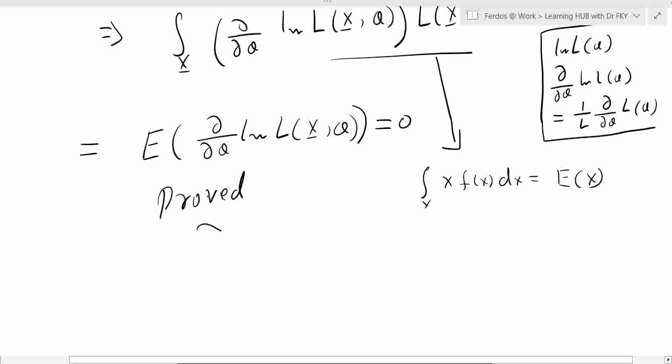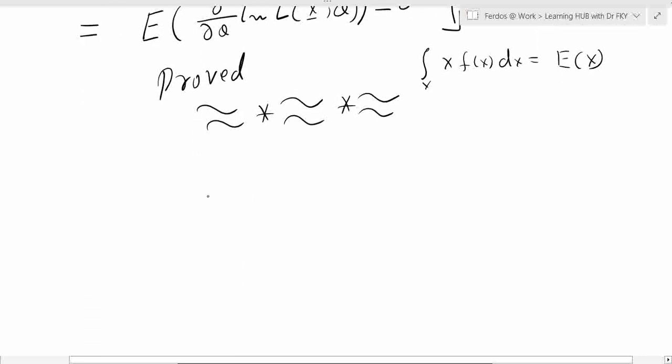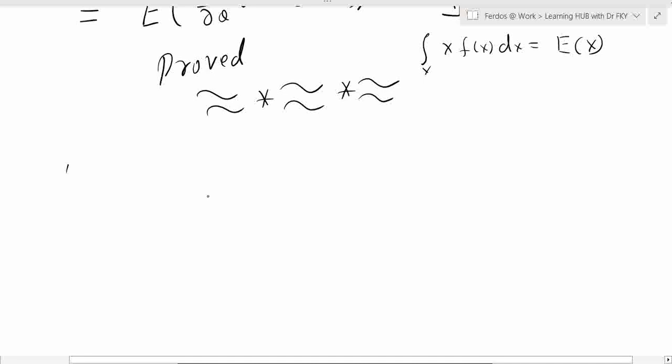Now lemma 2. We need to prove lemma 2 before going to find the lower bound of the variance of an estimator. Lemma 2. What does this lemma say?